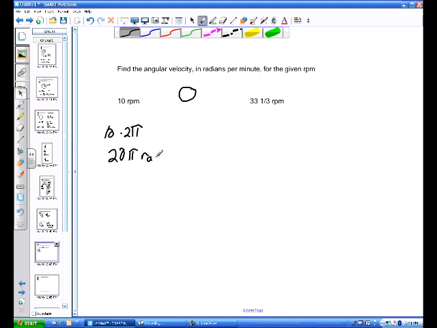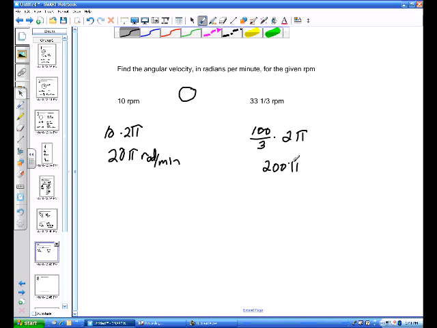So 10 revolutions per minute would be 20 pi radians per minute. If we wanted 33 and a third, well, if we change that to a fraction, that would be 100 thirds times 2 pi. That's how many radians we go through in one revolution, and we're going 33 and a third revolutions.